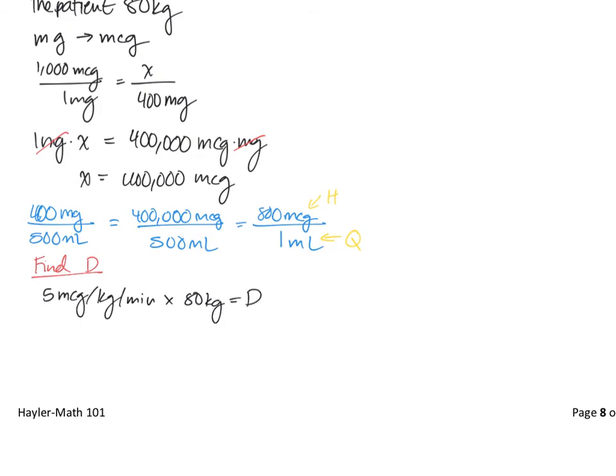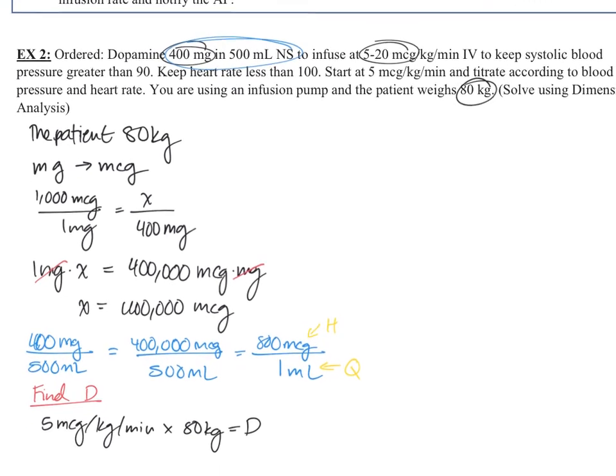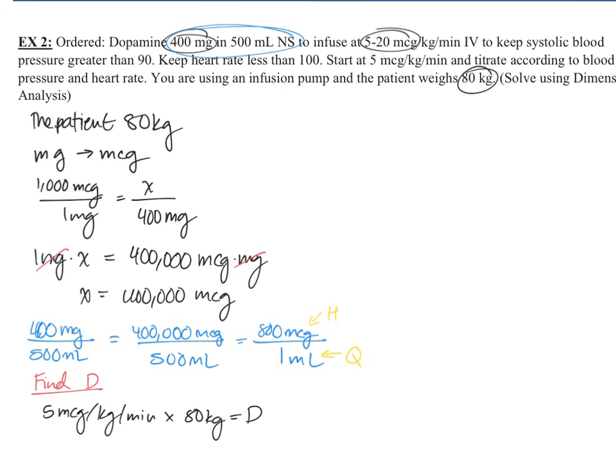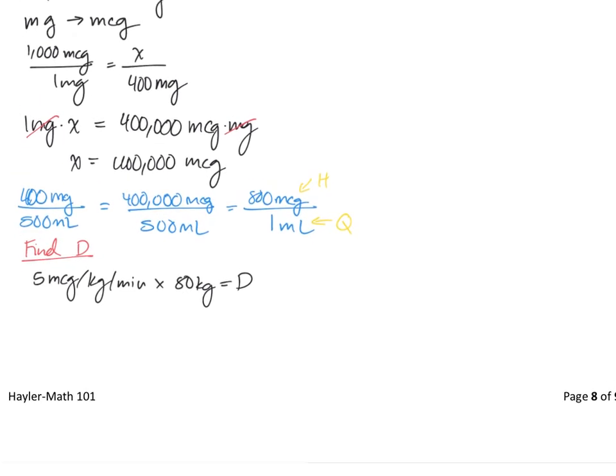And remember, we got the 5 micrograms right over here. When we do that, the kilograms cancel out, and we can simplify this to get 400 micrograms per minute as the desired dose, D.